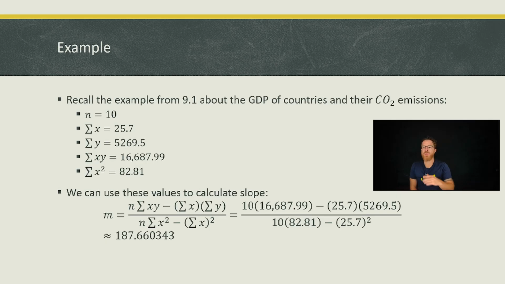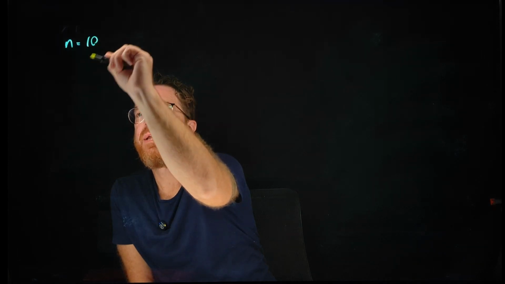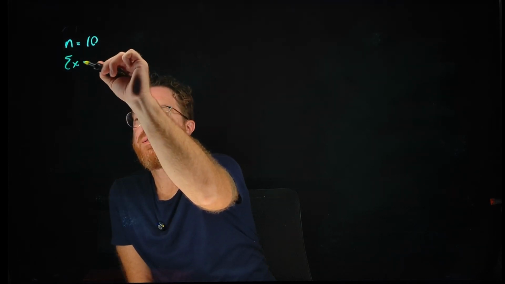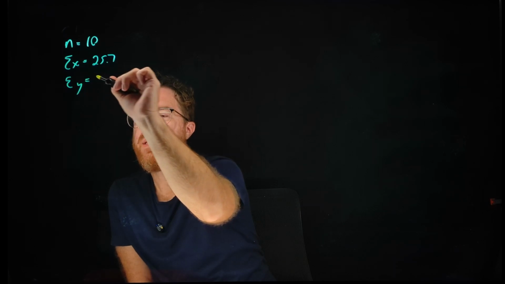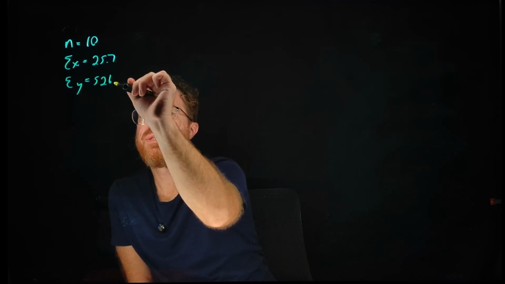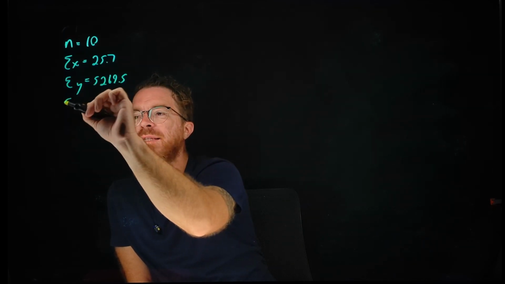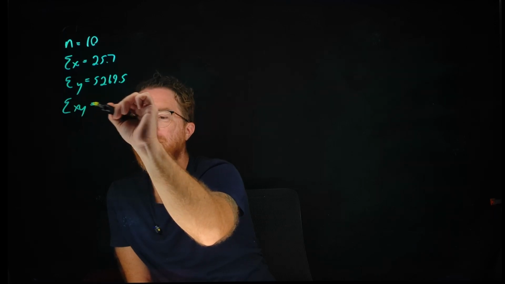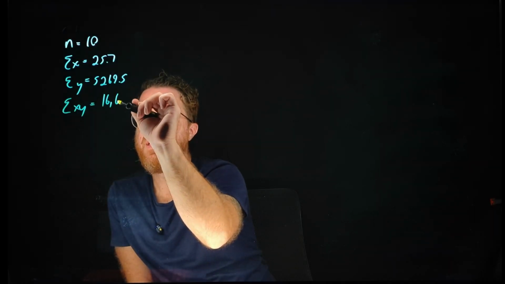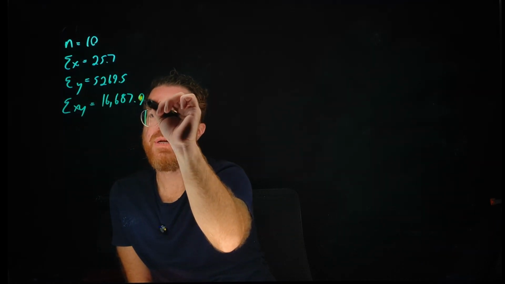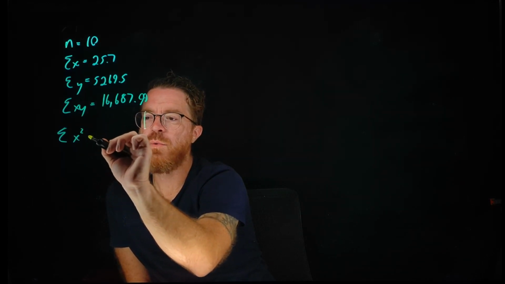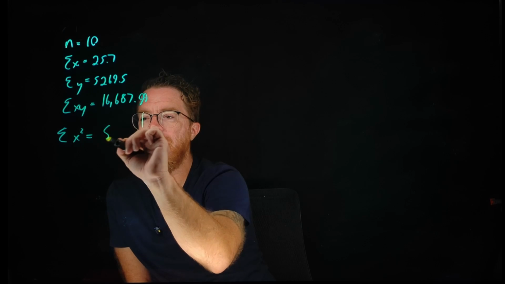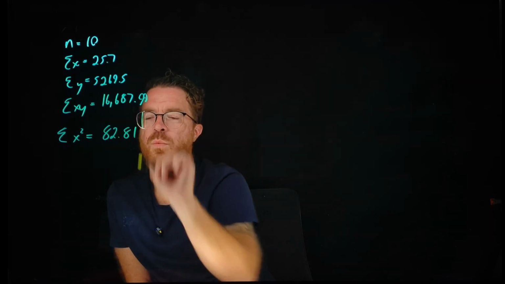In this example, we have an n of 10, a sum of x of 25.7, a sum of y of 5,269.5, a sum of xy, which is equal to 16,687.99, and a sum of our x's squared equals 82.81.